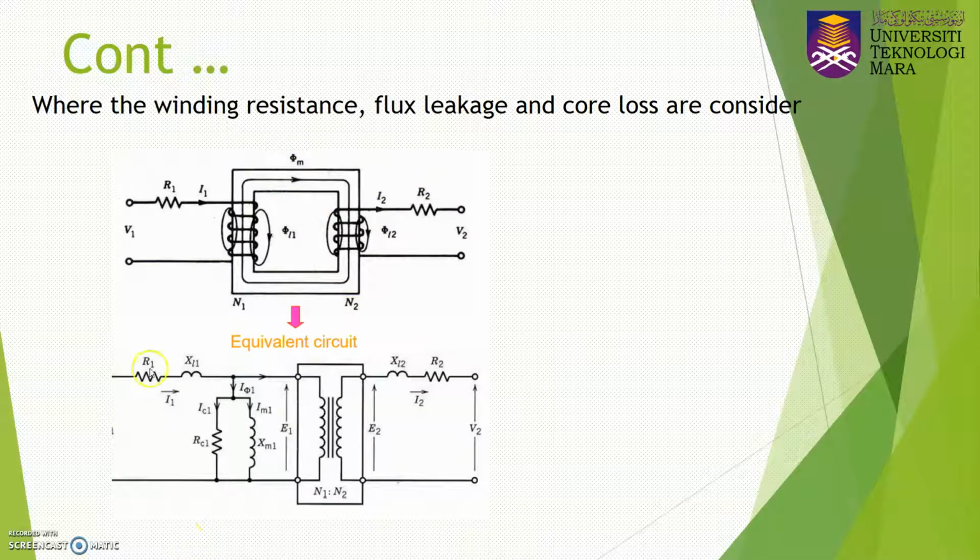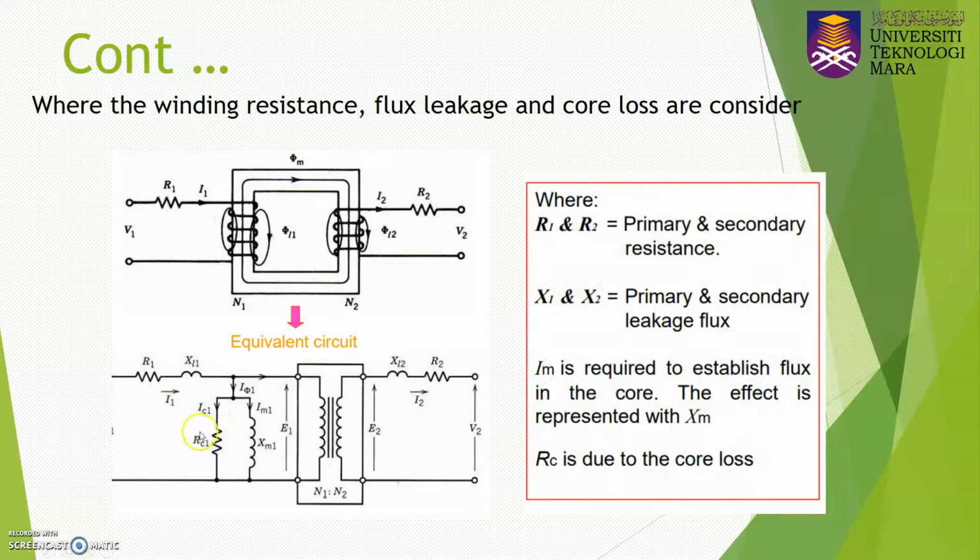Here you have R1 and XL1 connected to the parallel combination of RC1 and XM1. This is due to the excitation of the core. Usually the magnetizing current IM is required to establish the flux in the core, and the effect of IM is represented by XM, while RC is due to the core loss.